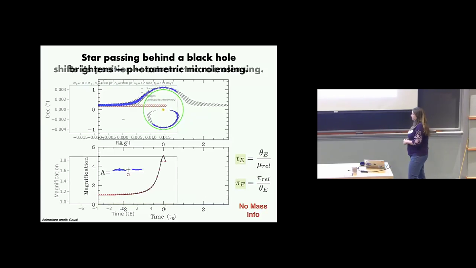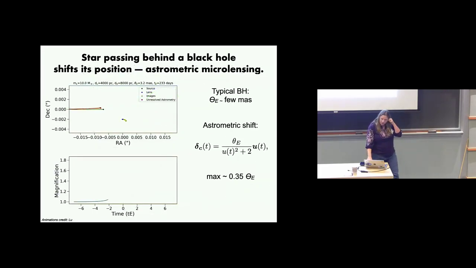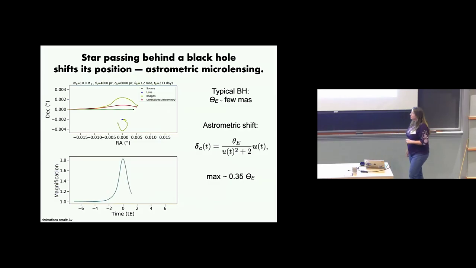So this is where the astrometry comes in that Peter explained yesterday. I won't go through this in too much detail. It's much more complex. Again, you see the two images, that's in yellow. The actual source position is in green. And then what we see when we make a measurement is what's in red. It's that little tiny deviation from a straight line trajectory.